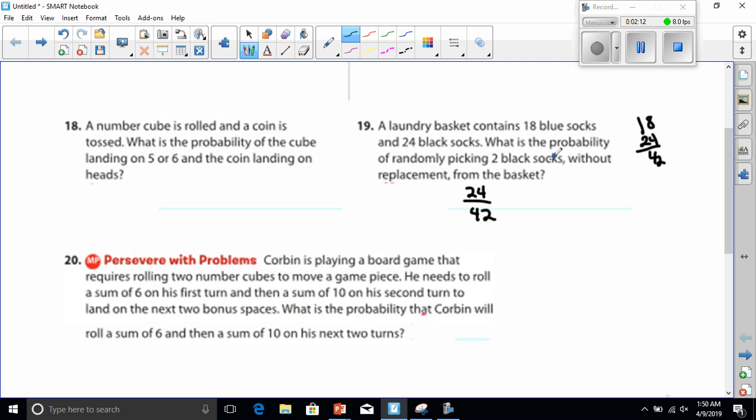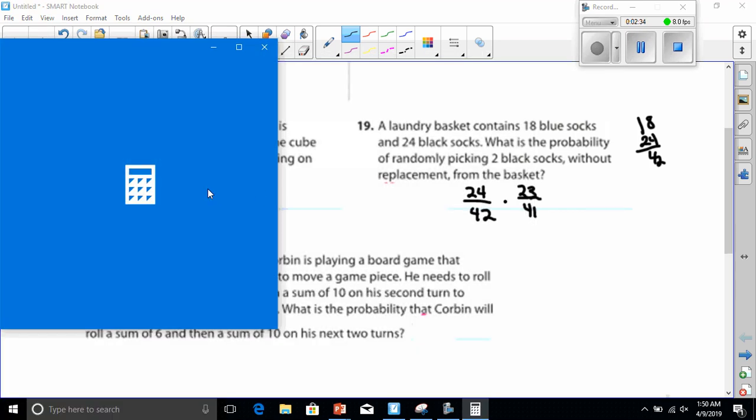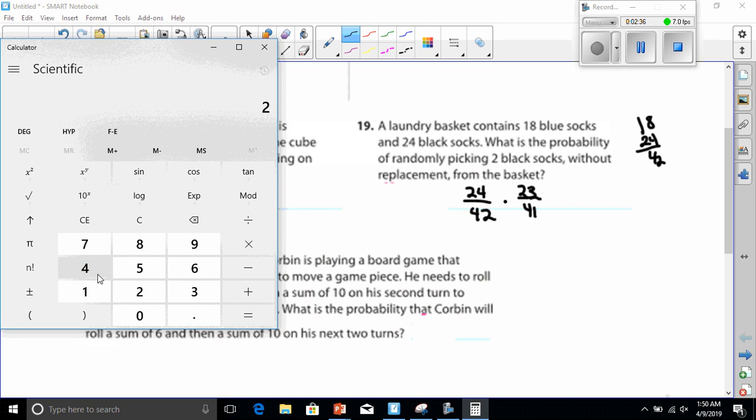But since we're picking 2 of them without replacement, that means there's 1 less black sock and 1 less total sock. Now we got to multiply across. This might require the help of a calculator. We got 24 times 23.